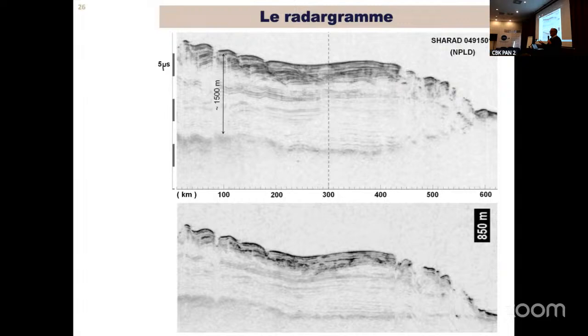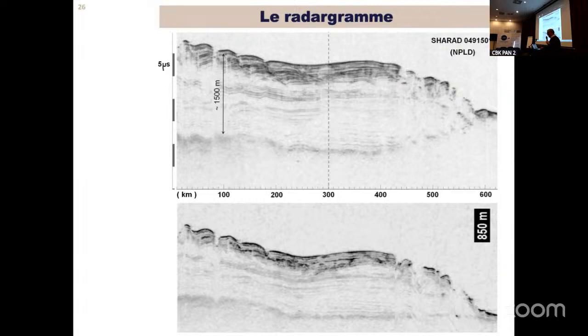The radar is measuring the time of propagation. And then we need the knowledge of the dielectric constant, and we correct by speed inside the body. You have these two images, one is time and one is distance.